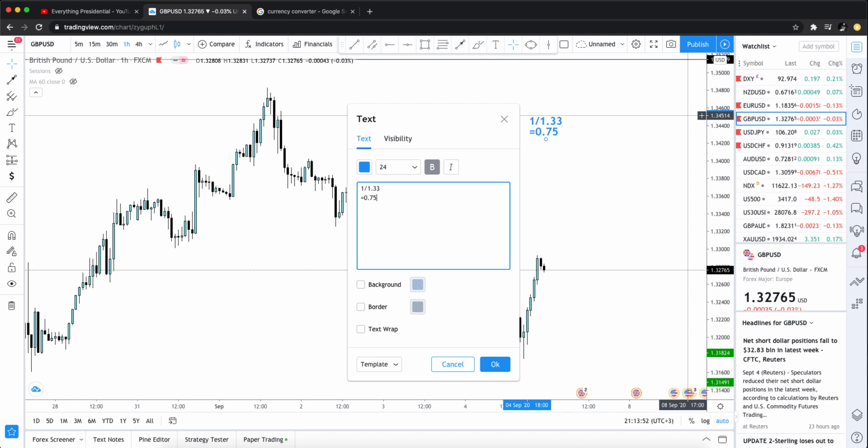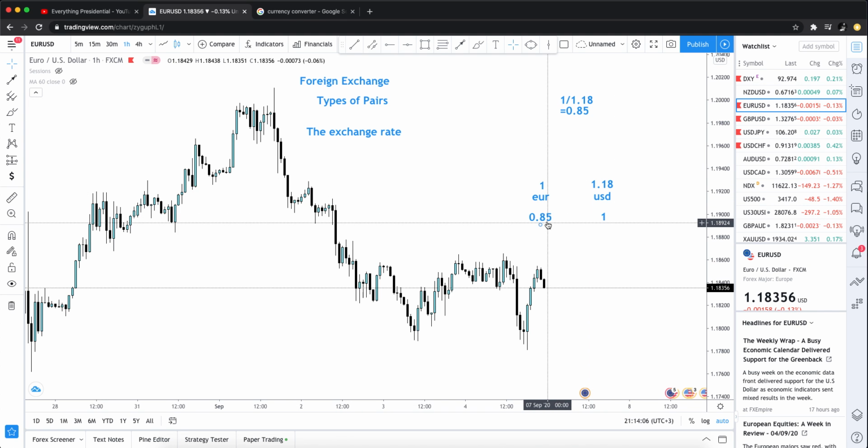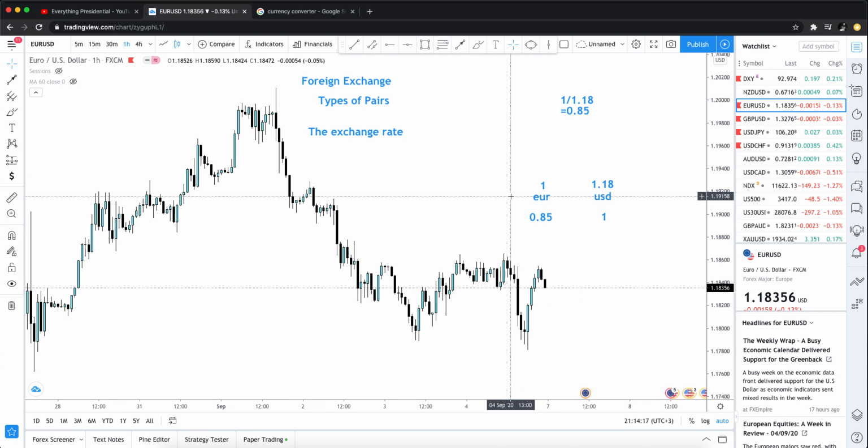So I would need to pay 0.75 British pound in order to get 1 US dollar. So this tells me that the GBP is more expensive than the US dollar. Same goes for the euro. Since I need to pay less euro and get more US dollar, this tells me that the euro is more expensive than the US dollar. So this is basically how you tell what the price is.